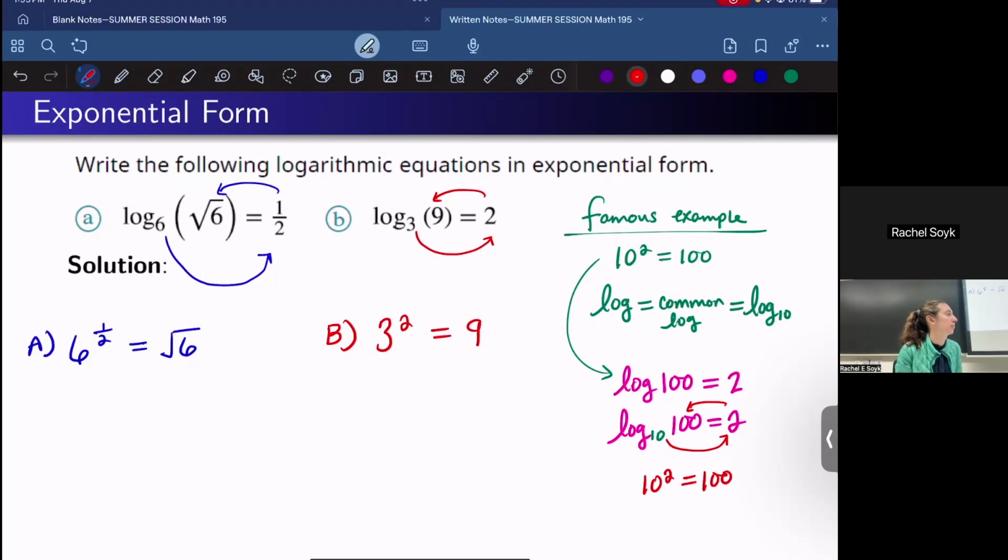So the base is going to be the biggest number, the rest is going to be the exponent, and the number inside the parentheses is going to be the rest. Yeah, exactly. You got it. Nice.